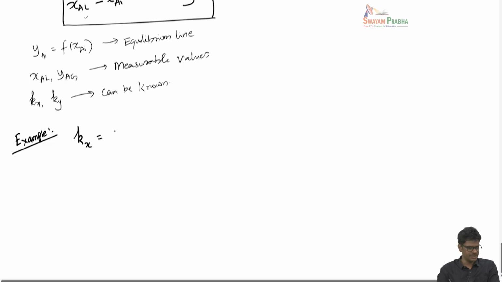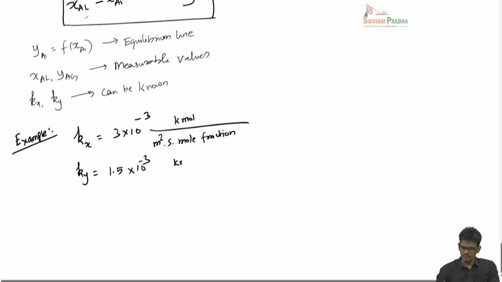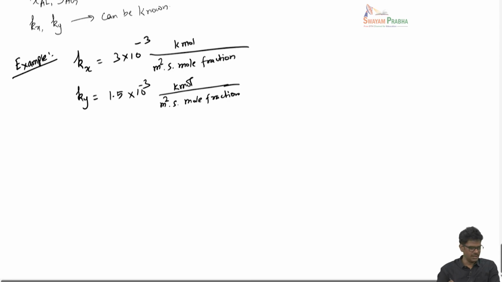Let's say this Kx value is given as 3 times 10 to the power minus 3, in units of kilomole per meter square per second per mole fraction, and Ky is 1.5 times 10 to the power minus 3 kilomole per meter square per second per mole fraction. And the equilibrium line is given as YAI equals 3 times XAI.